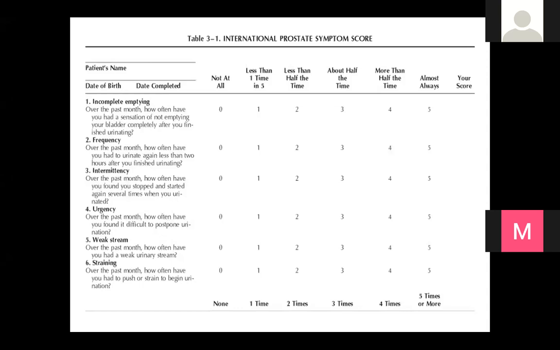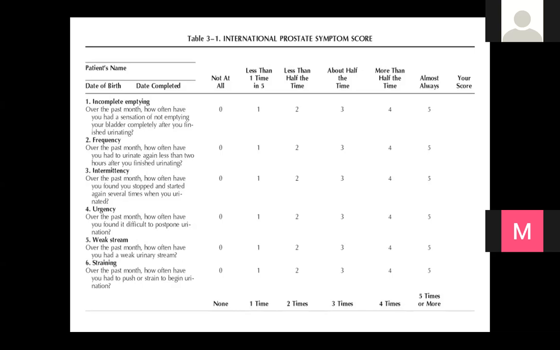As you see from the diagram, you consider 0 if the symptom is not there at all. Say you are talking about incomplete emptying, you ask the patient, considering the past 1 month, how many times have you had incomplete bladder emptying?